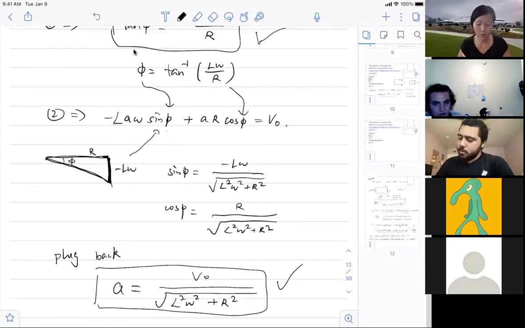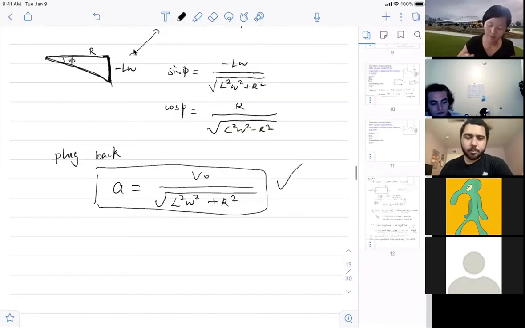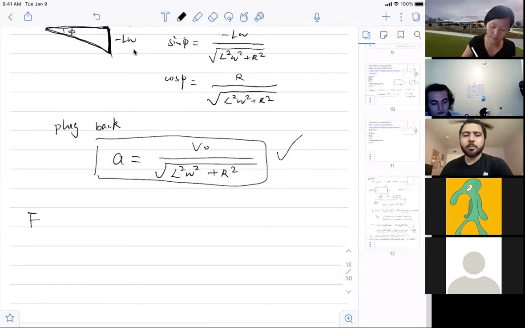So my full solution becomes: current changing with respect to time is A cosine omega t.